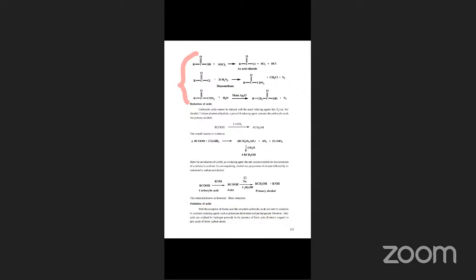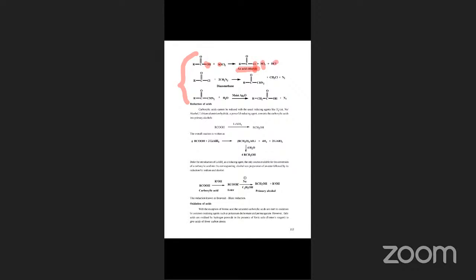RCOOH, carboxylic acid, reacts with SOCl2, that is thionyl chloride. In the place of OH, Cl is substituted. This is known as acid chloride, along with SO2 gas and HCl.